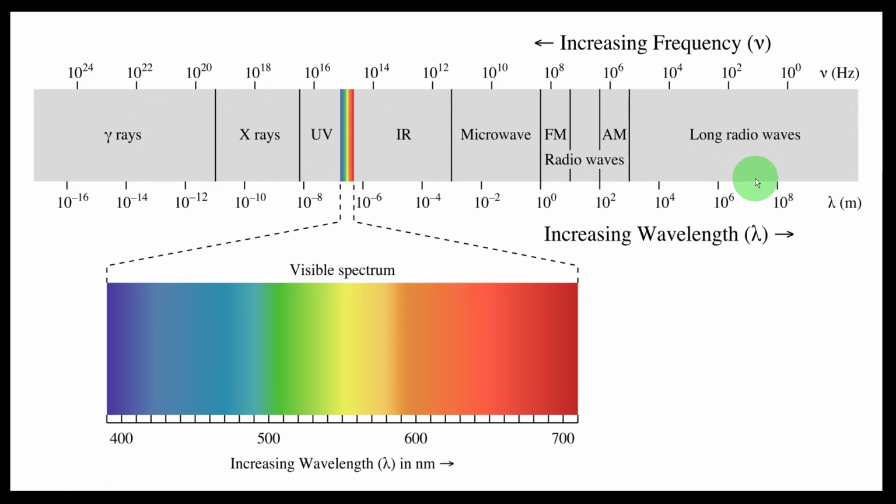If we discuss the power of this electromagnetic wave, frequency increases from right to left. Look at the right: the unit is hertz. 10 to the power 0, 10 to the power 2, 10 to the power 4, likewise 10 to the power 24. Then in this range you can understand the frequency and the wavelength. The visible area is this very small area.